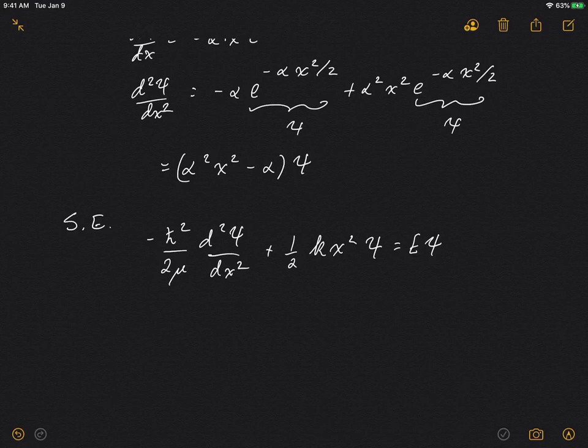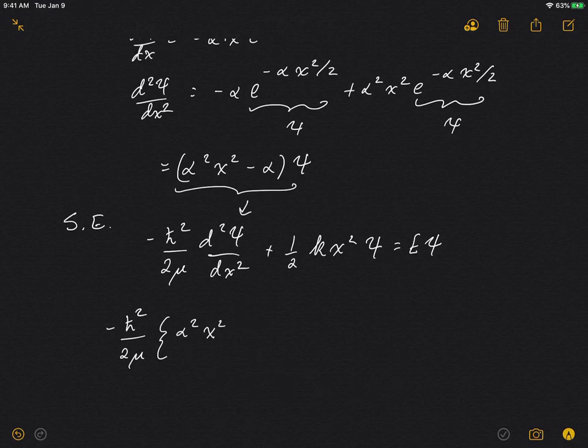So first of all, let's plug this result into d squared psi dx squared. That's going to give us minus h bar squared over 2 mu, alpha squared x squared minus alpha, psi. All right, so we got rid of the derivative by replacing it with the result we got for the second derivative of psi.